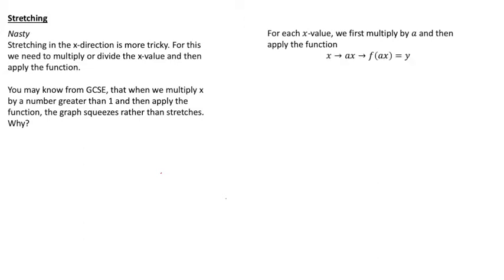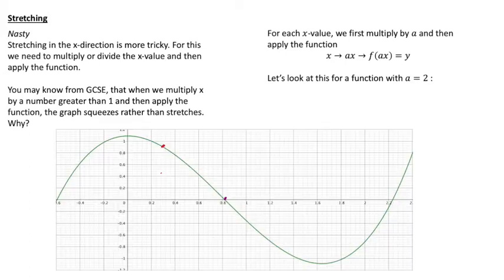The reason is a similar sort of idea to what we had before. Because we're multiplying by a and then applying the function, we are getting values from elsewhere and bringing them back again. So let's have a look at this for a function with a equal to 2. We've got a couple of points marked on. The first point, that higher up one there, is at about 0.3.